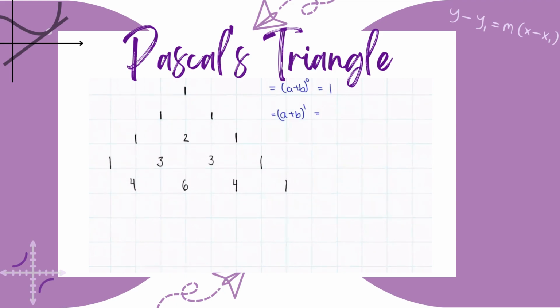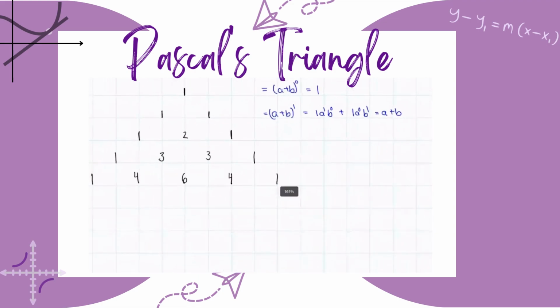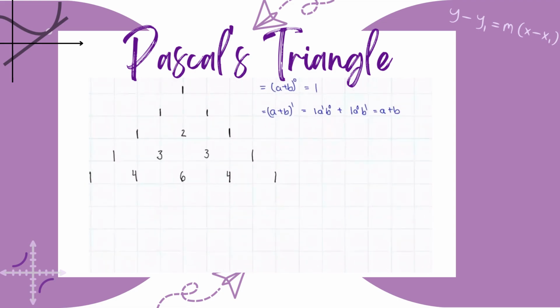So it's going to be 1, a to the power of 1, b to the power of 0, plus 1, a to the power of 0, b to the power of 1, which we could simplify to just a plus b. So far, so good? Yeah.